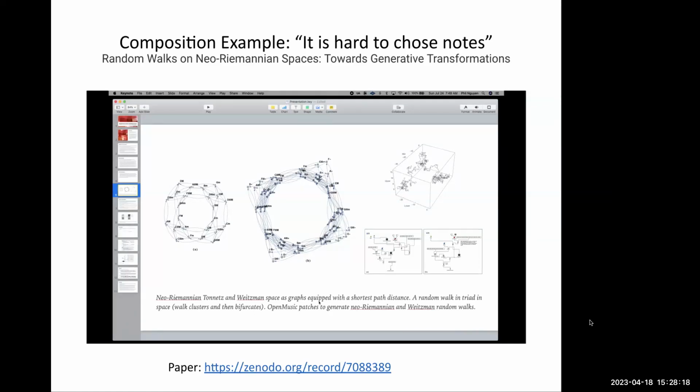On the top right is a random walk, where each axis is a note in the triad. You see that the random walk clusters and then bifurcates towards another cluster. And at the bottom you have OpenMusic patches to generate new Riemannian and Weitzmann random walks.